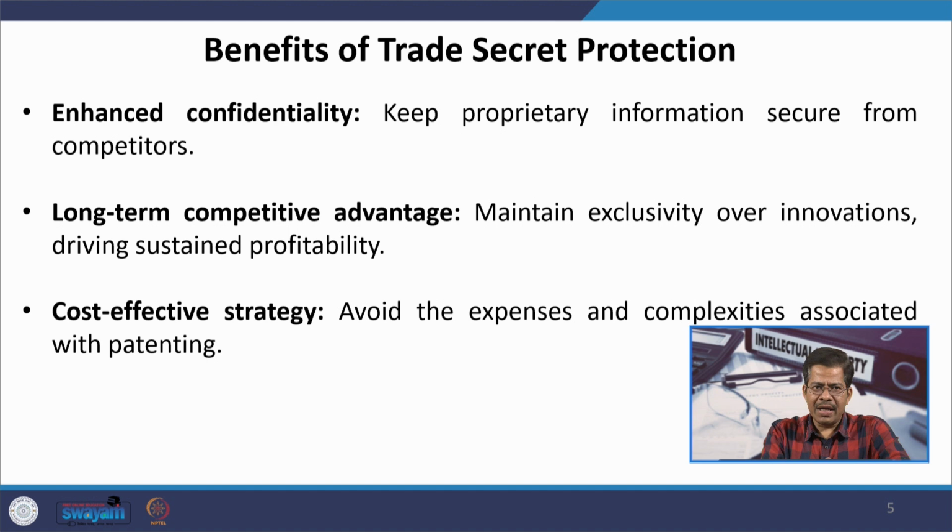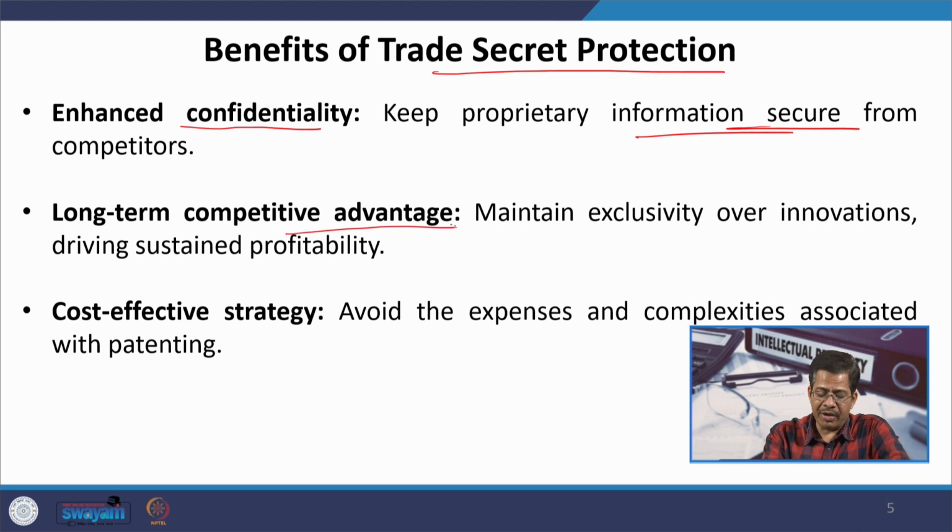As I just explained, now you can easily understand, this slide is kind of a homework for you, that trade secret protection offers enhanced confidentiality, because you have the complete secrecy of your information. So, competitors, or anybody, not only competitors, but nobody can see what your intellectual property exactly is. So, the complete information is secured.